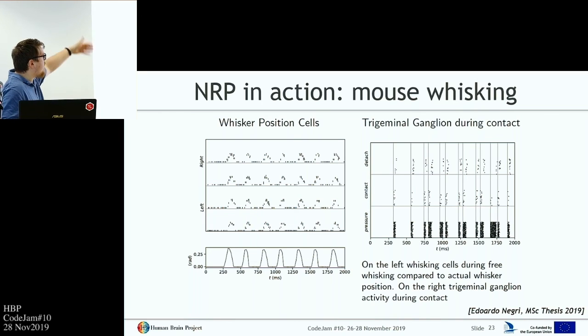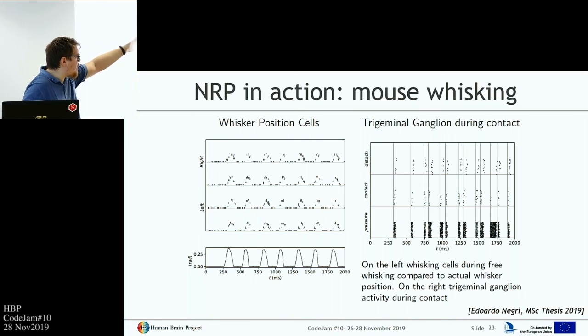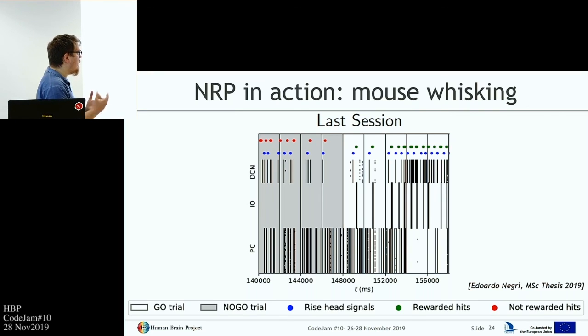We have different neurons that can encode the whisker position, the pressure, the contact, and the detachment of the whisker against the pole, and we have seen that there is a learning behavior, which in this case was not that stable because we didn't optimize the time constants.